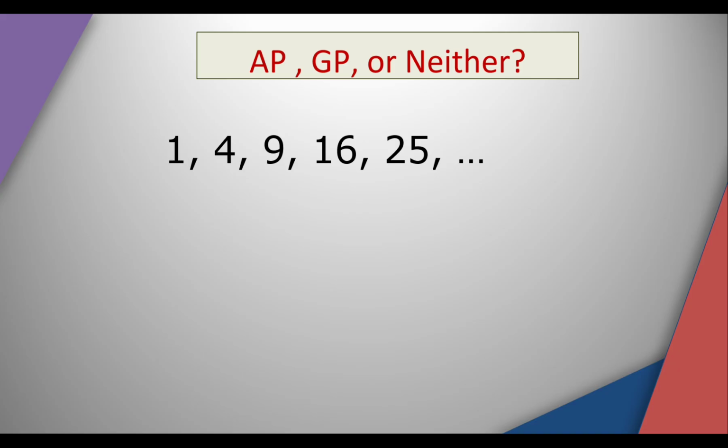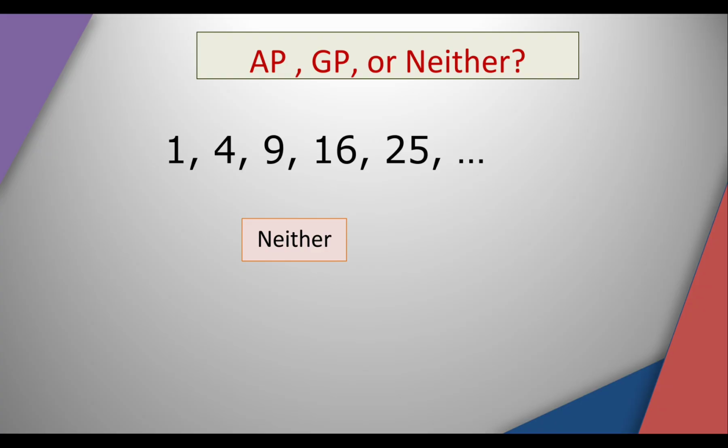Next, 1, 4, 9, 16, 25. And as you can see, there is no common difference between terms. Likewise, there is no common ratio between terms. That is why this is neither a geometric progression, neither is it an arithmetic progression.